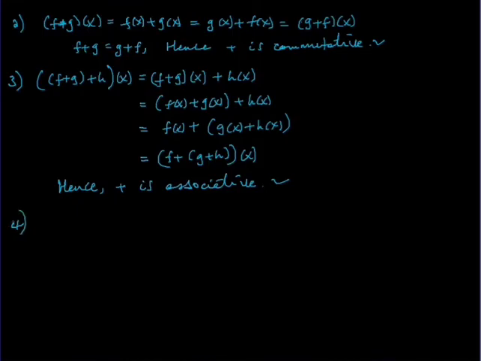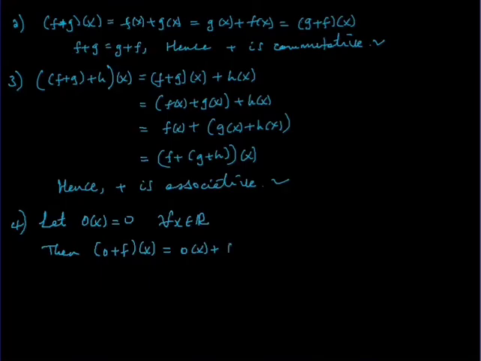The fourth axiom is about the existence of zero. Let 0 at x be 0 for all x an element of the real numbers. So what can we say? (0 plus f) at x is 0 at x plus f of x, which is 0 plus f of x, which equals f of x. So 0 is an element in V. There is a zero function satisfying the existence of 0.